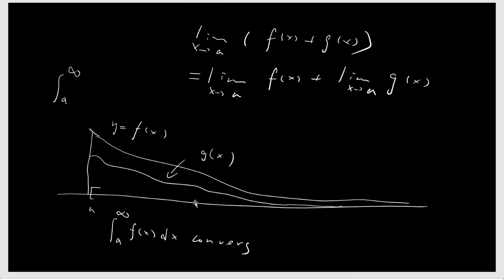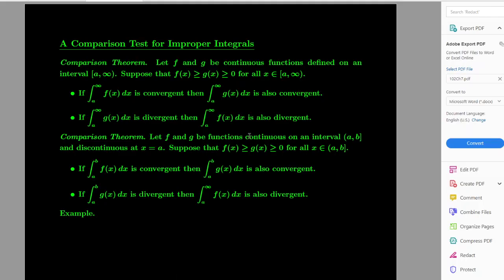So that makes sense: if the area under g of x is infinity, the area under f of x is also infinity. Again, both functions are positive, non-negative. These two conclusions are called the comparison test. It's used to determine whether some functions are convergent or divergent, using some other functions that are convergent or divergent.